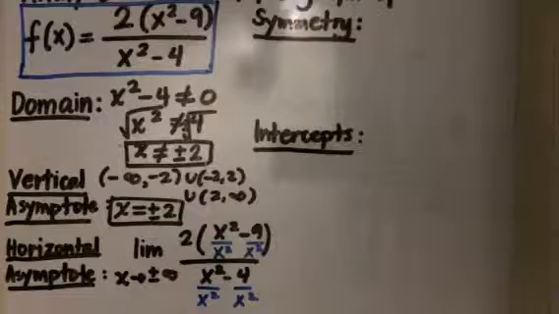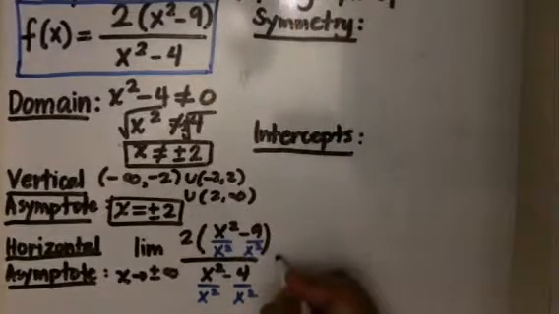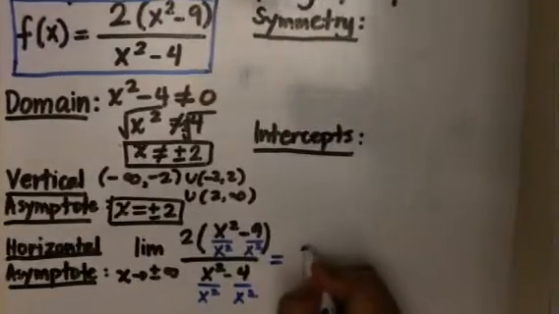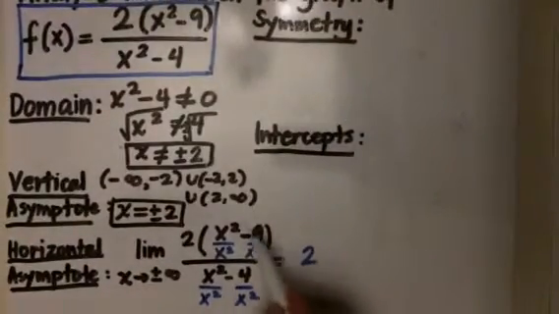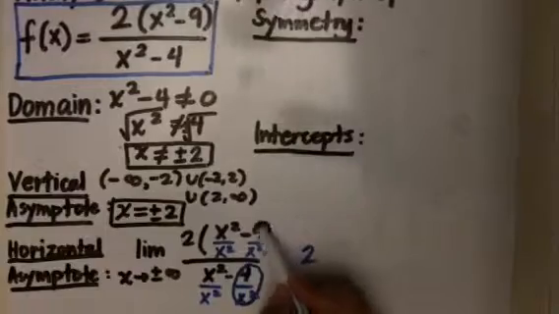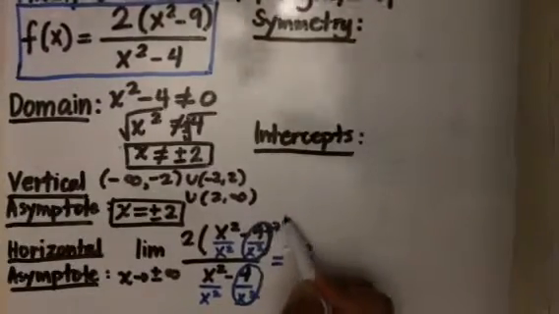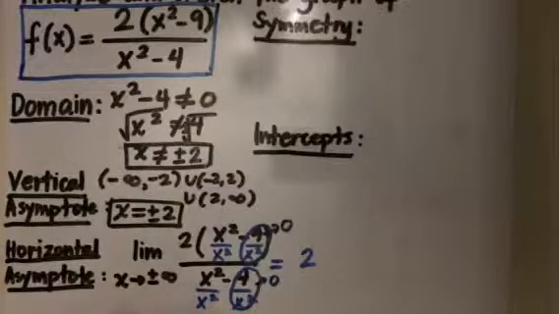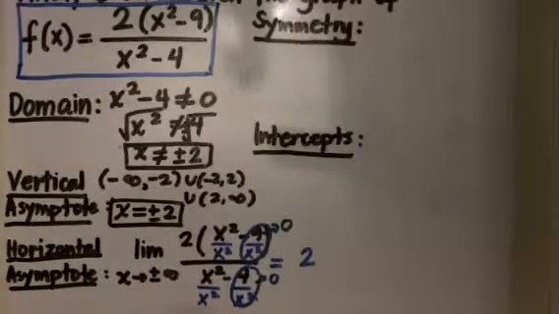And so the result will be equal to 2, since 9 over x squared and 4 over x squared will both approach 0. So our horizontal asymptote then would be y equals 2.